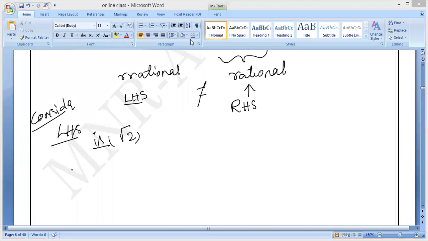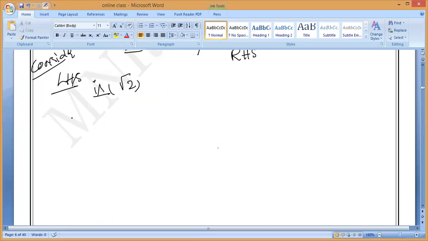What is the contradiction you have to take? We have to prove root 2 is an irrational number, so we take the opposite: root 2 is a rational number. Let us assume root 2 is a rational number, as in yesterday's homework.